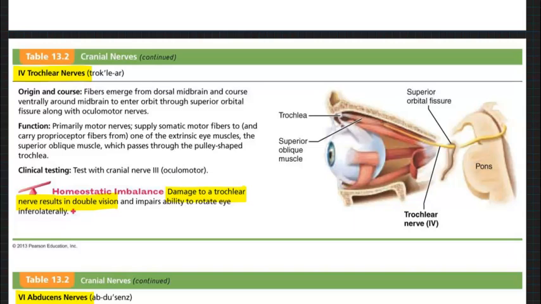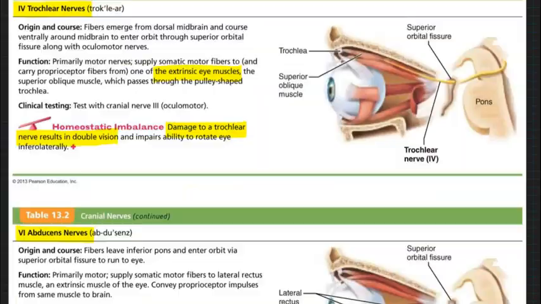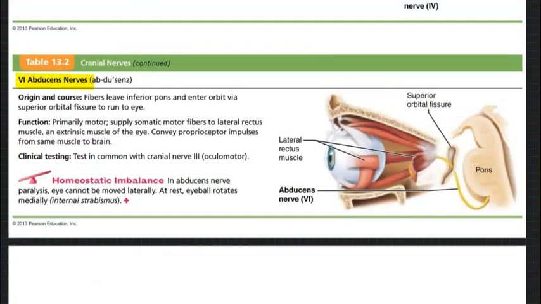Extrinsic eye muscles, eye movement. Same is true for the abducens nerve. Again, double vision, inability to move the eye in a certain direction.